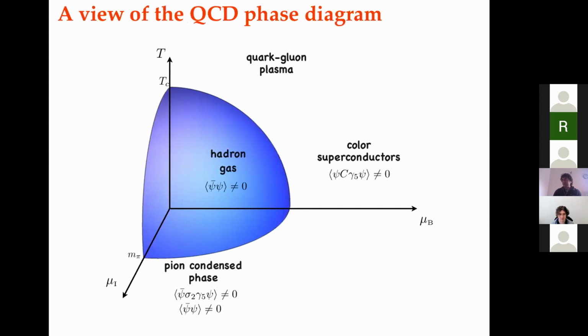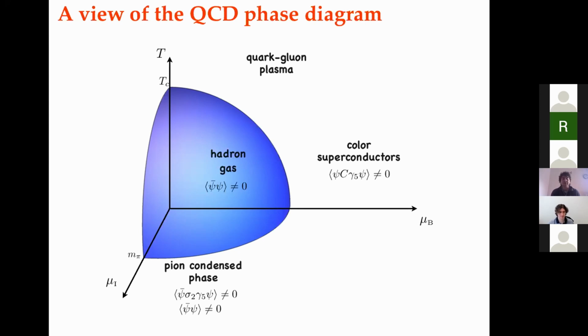But anyway, since we know that QCD is asymptotically free, we know that at a certain point the quark matter should be liberated, using the words of Cabibbo and Parisi. And at a certain point, you should form a quark plasma, and presumably at increasing baryonic density, some kind of color superconducting phase.